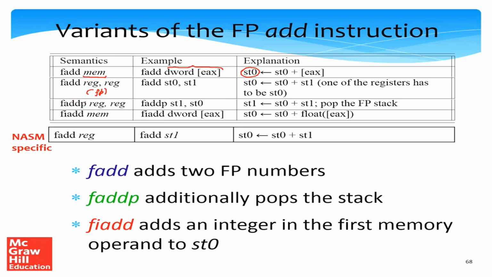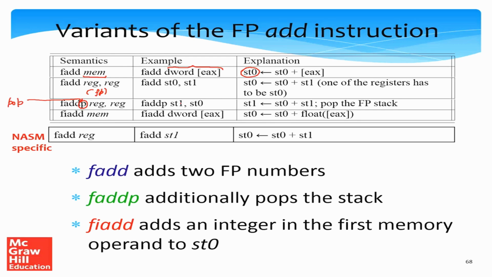Then the add instruction also has a mode where we can pop the stack. So we use the P suffix. P is for pop. So here what we do, before I explain this, we need to consider one thing, that we cannot store the result in ST0 because ST0 is going to get popped.